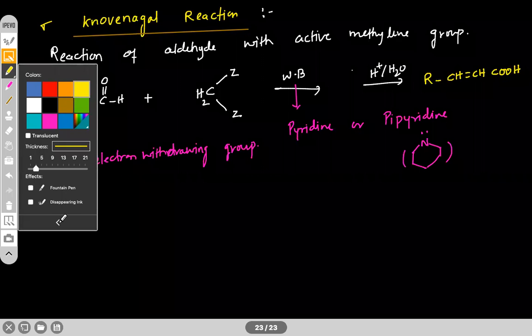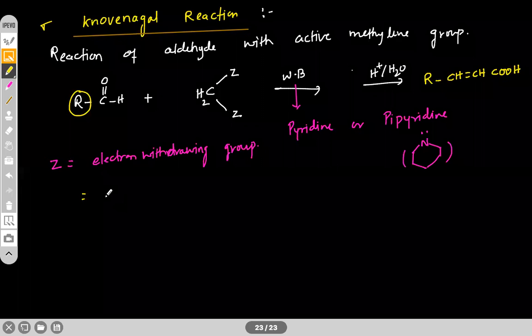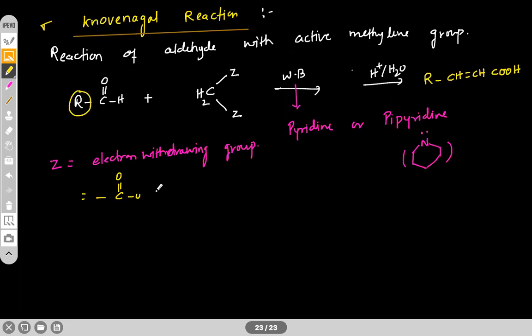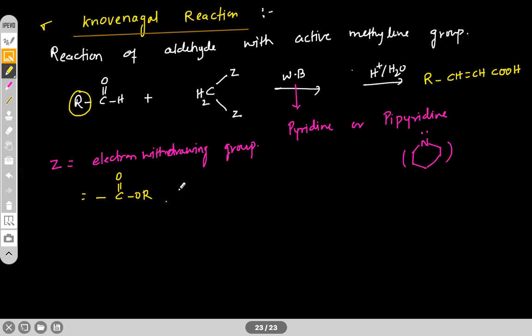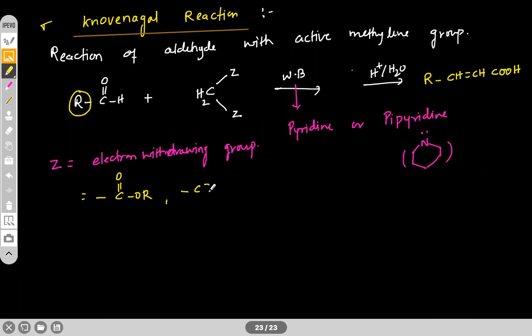For example, we can have C=O OR, CN, aldehyde, ketone, NO2. All EWGs you can consider, all the minus M groups.